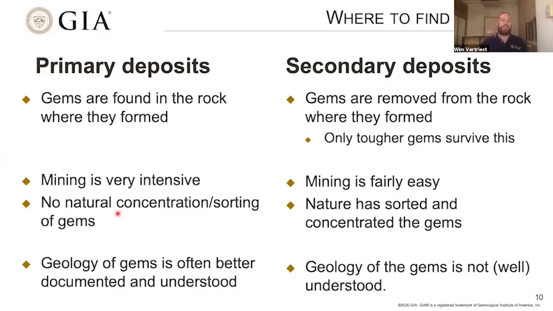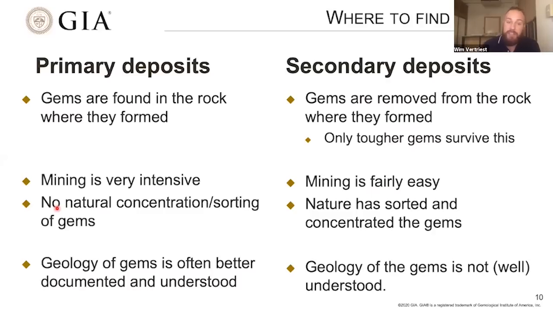In a primary deposit, there's no natural concentration, no sorting of gems, while in a secondary deposit, nature has done some of the work for you. It has concentrated gems, it has sorted them by quality, you could even say, because the lower grade material has simply not survived that process.